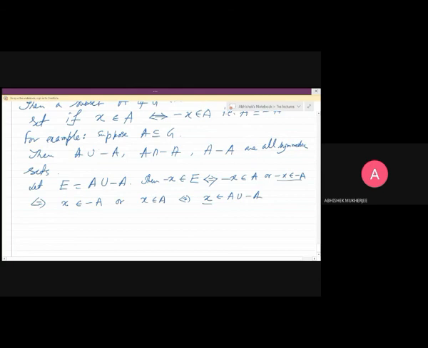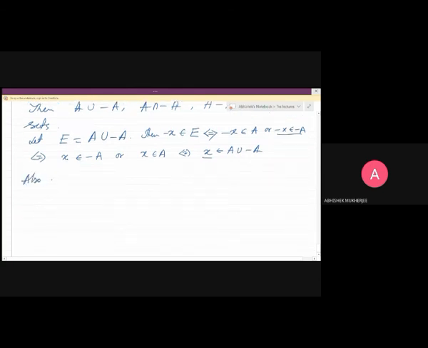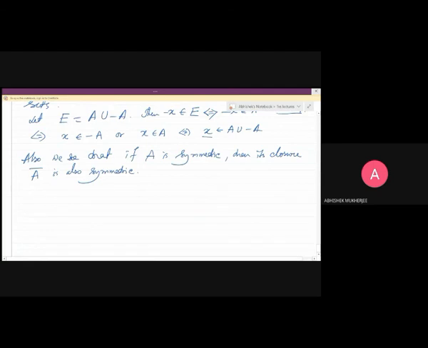And also we see that if A is symmetric, then its closure A bar is also symmetric.